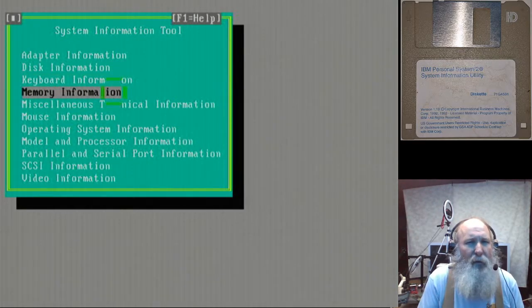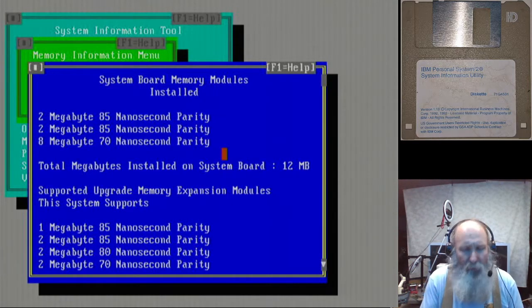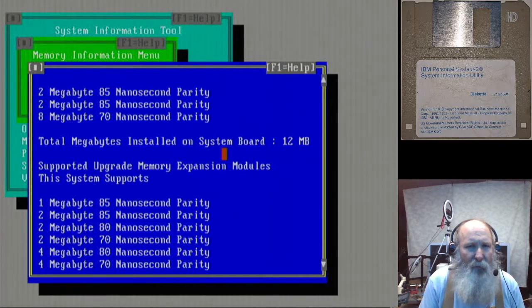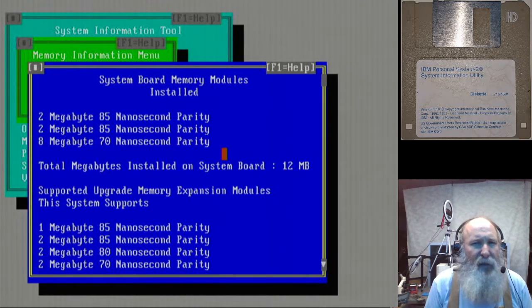Okay, memory information, memory hardware, and we can actually see that there's a lot more things here that are presented with the 25SX under the memory.